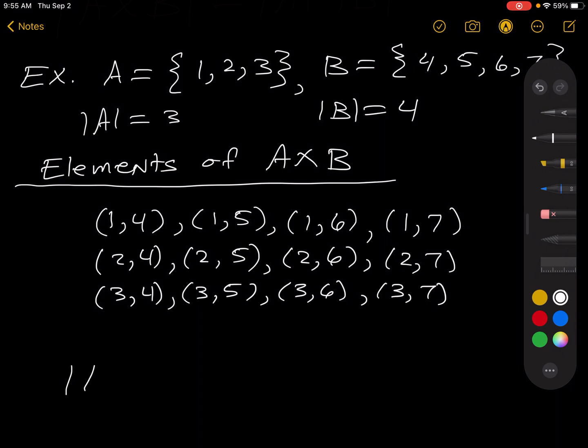Our formula says that the cardinality of A cross B is the cardinality of A times the cardinality of B. And we see from above that the cardinality of A is 3 and the cardinality of B is 4. 3 times 4, which is 12.